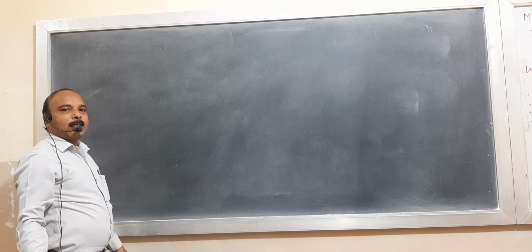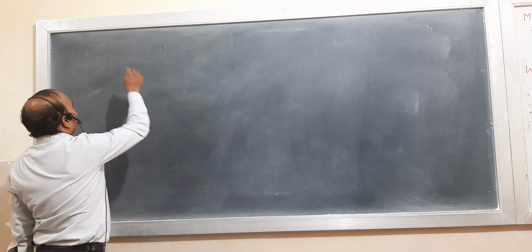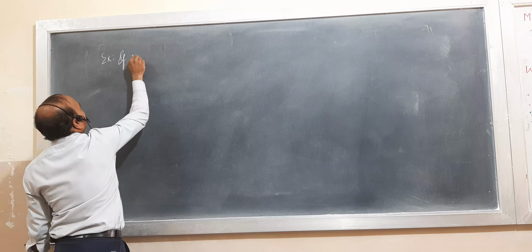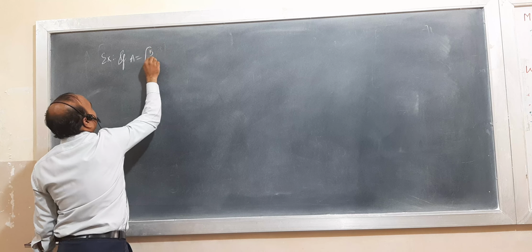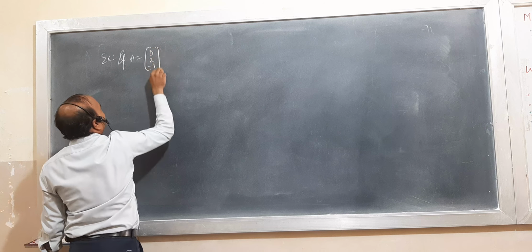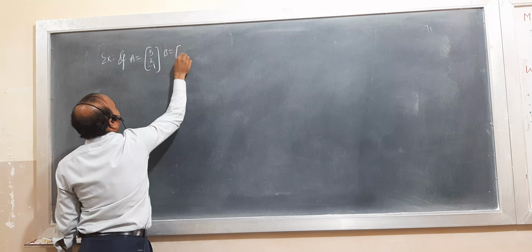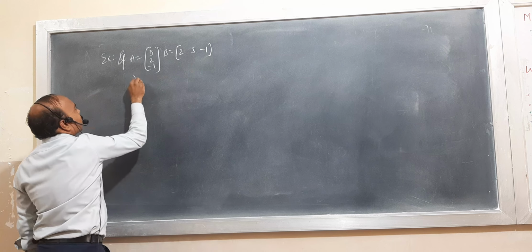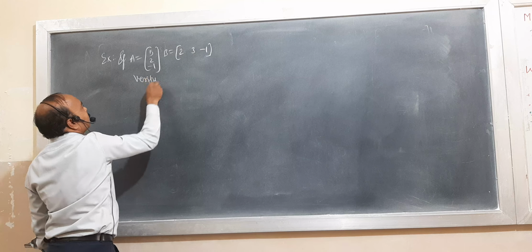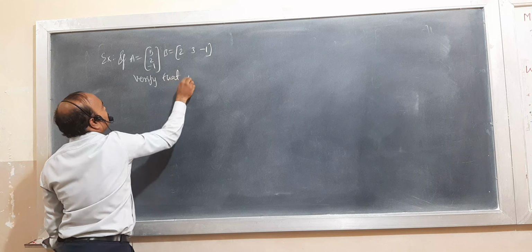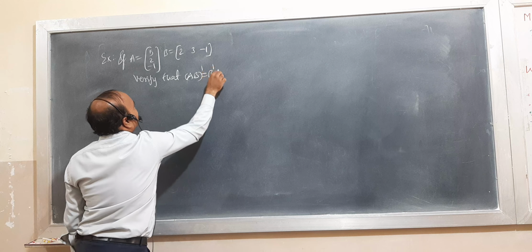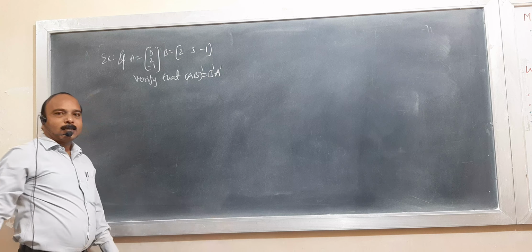Next we go for another similar example. If A equals [5, 2, minus 1], B equals [2, 3, minus 1], verify that (AB)' equals B'A'.